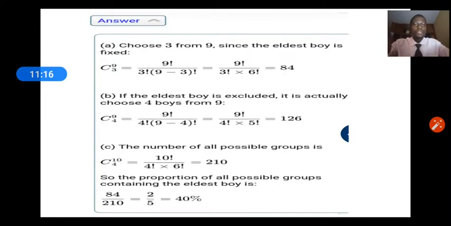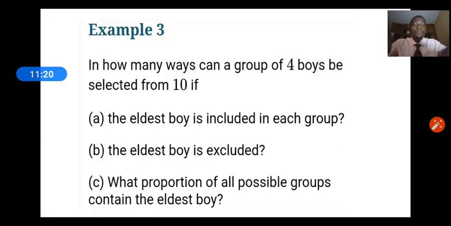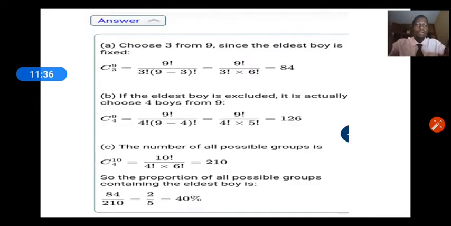For question A, we want to choose 3 from 9. The question actually says there are 10 boys, and we want to select 4 from them. But here, they have given us a condition: the eldest boy is included in the group. That is why we want to choose 3 from 9.